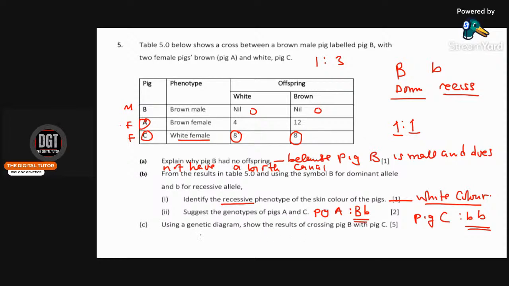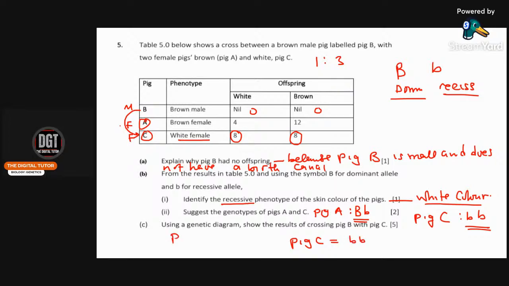Using the genetic diagram, show the results of the cross between pig B with pig C. So what you are crossing here is a recessive one, since you know that pig C equals bb.